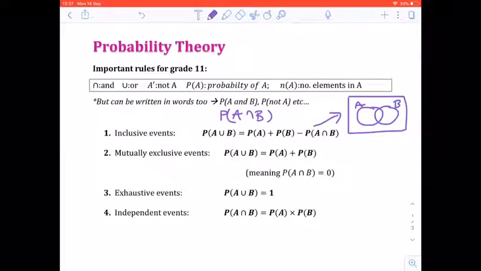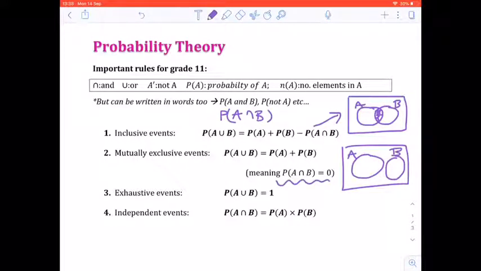And we're saying the probability of A or B equals the probability of B plus the probability of A minus that intersection where they're both valid, A and B. So we take that away so we can actually find the probability of A or B. Whereas in the second example, for mutually exclusive events, the Venn diagrams don't overlap at all, meaning there's no intersection. That's why the probability of A and B is equal to 0, because there's no place where these two events overlap.